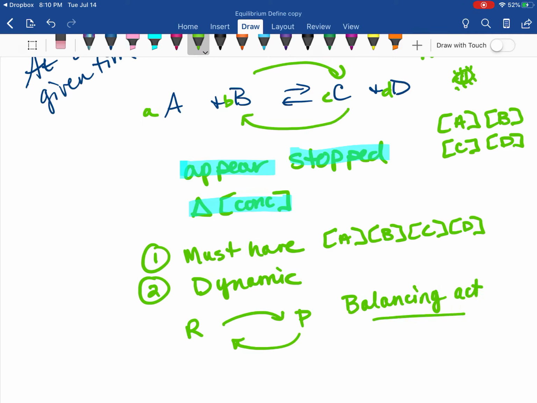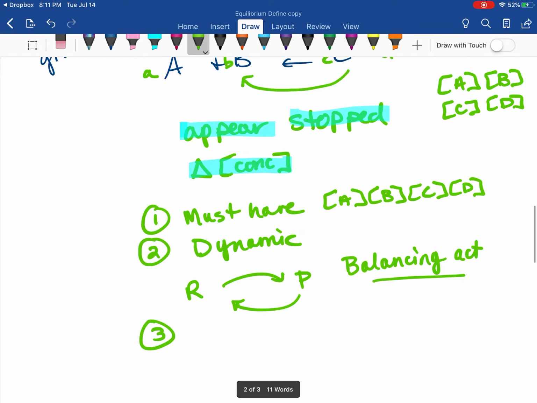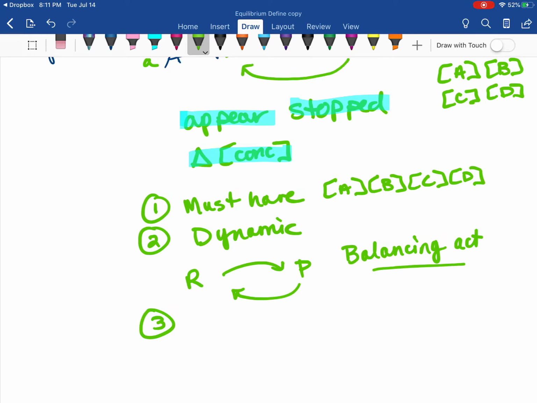So it appears as though your reaction is done, but what it's reached is just the ultimate balance. You've hit the perfect concentration of products. Anything more than that reverts back to reactants. And then they hit the perfect concentration in reactants, and any drop more than that, and you're making more products. It is a cycle. It's kind of like windshield wipers, but really fast. This is dynamic. It is moving, but it looks like it's stuck, okay?